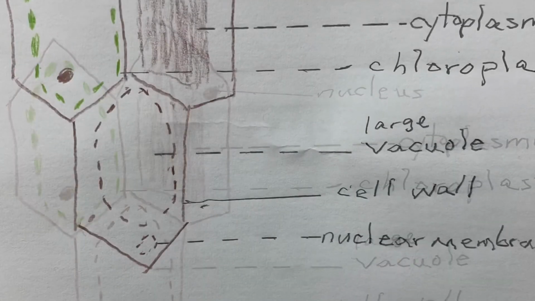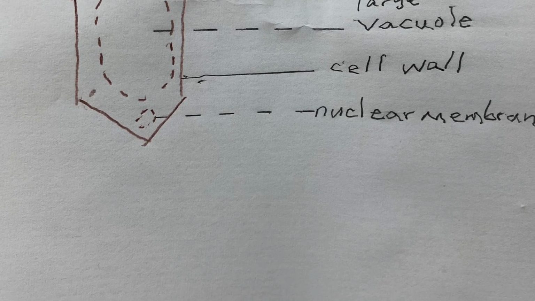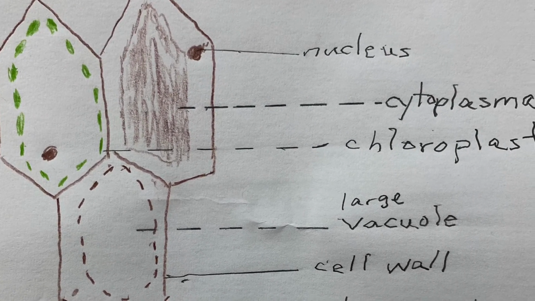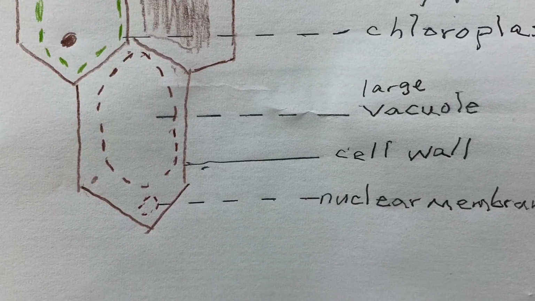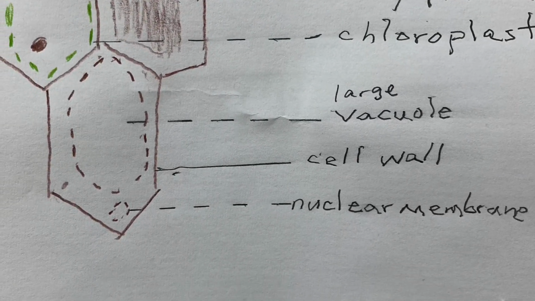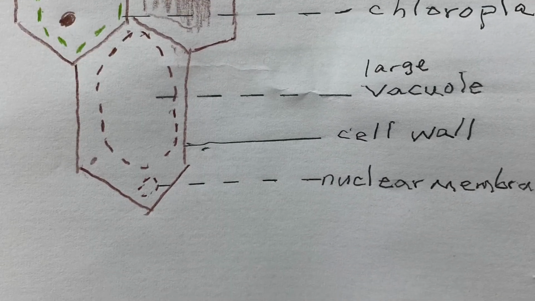You do not have to copy my diagram. Use your imagination and draw out the organelles which are seen and not seen. There's a dotted system to show you the ones that cannot be seen.